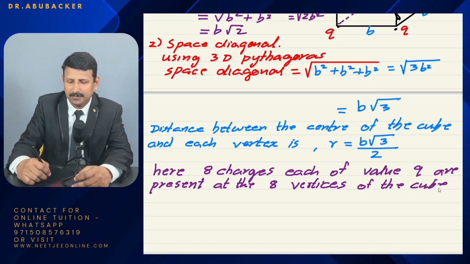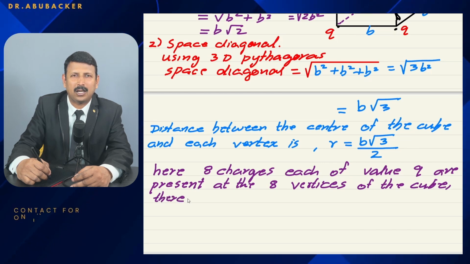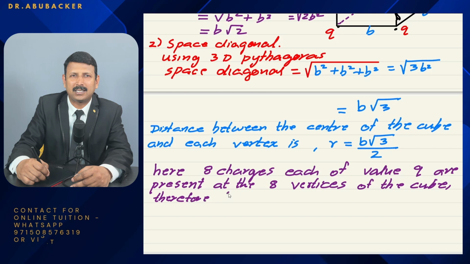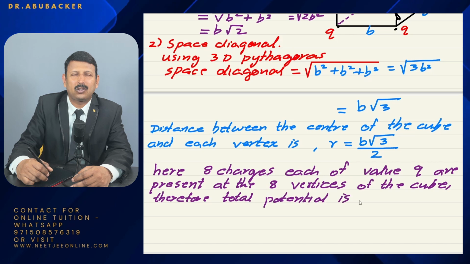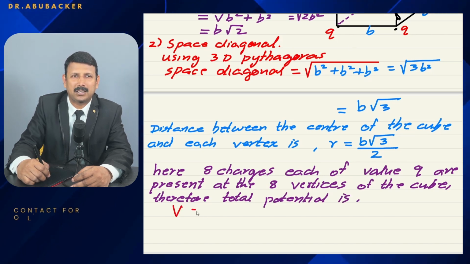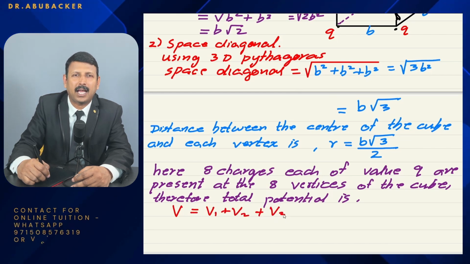So let me try the superposition principle again. Total potential will be equal to the potential due to the first corner plus second plus third plus fourth plus... But these are identical, so we don't want to waste our time by writing plus plus plus many times. Instead, we can do 8 times.